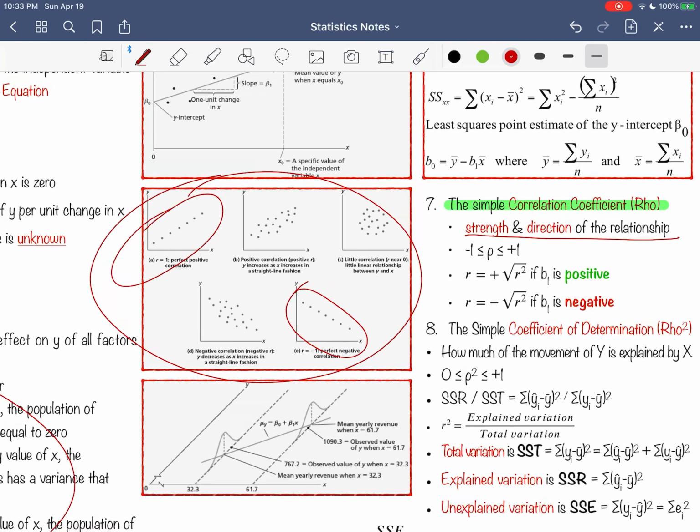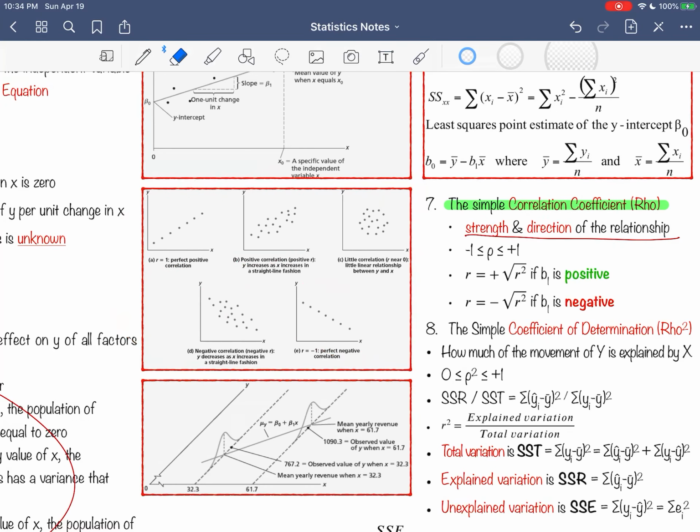It means that X and Y move in a certain way consistently. Something like this is a strong positive relationship. There is a pattern, it's trending upwards, but there is some variation. And also this is a relatively strong negative relationship, meaning as X changes positively, Y changes negatively, and vice versa, and so the relationship goes in opposite directions. That's correlation. And finally, something like this, there is no correlation because there's no pattern.